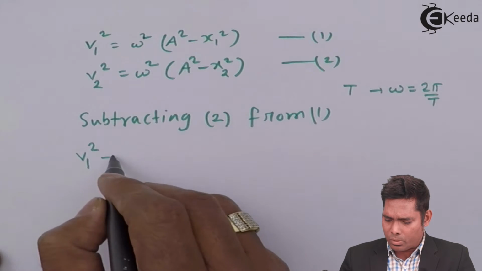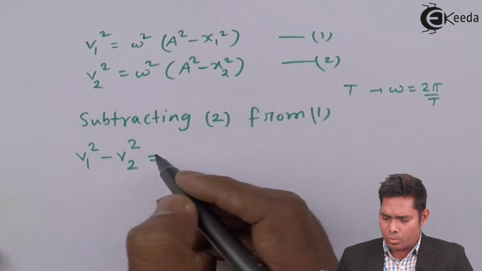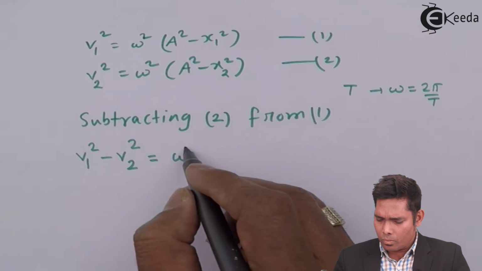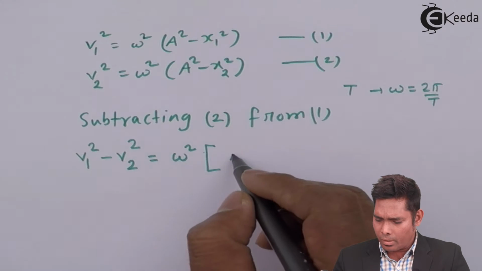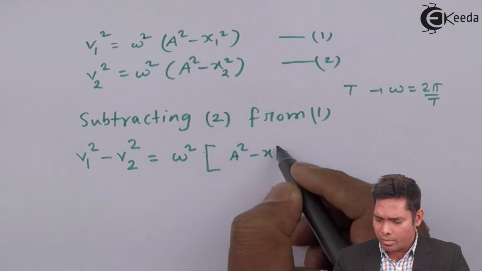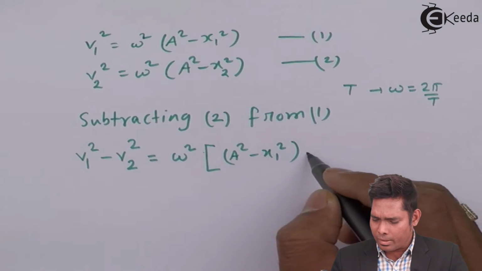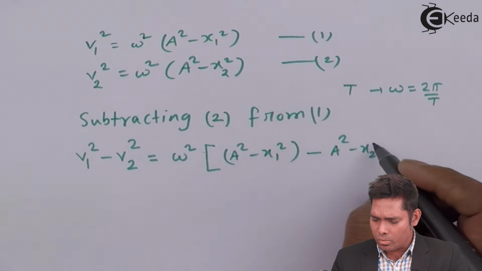I have v1 square minus v2 square equals omega square times a square minus x1 square minus a square minus x2 square.